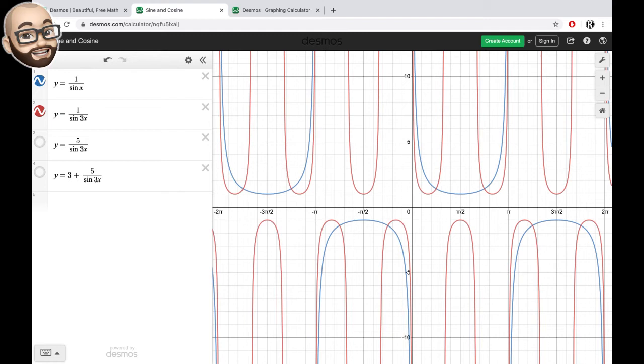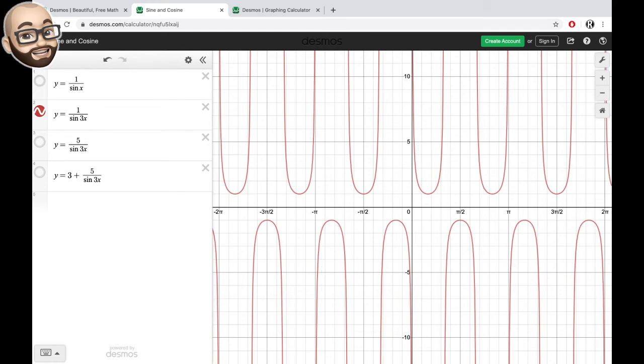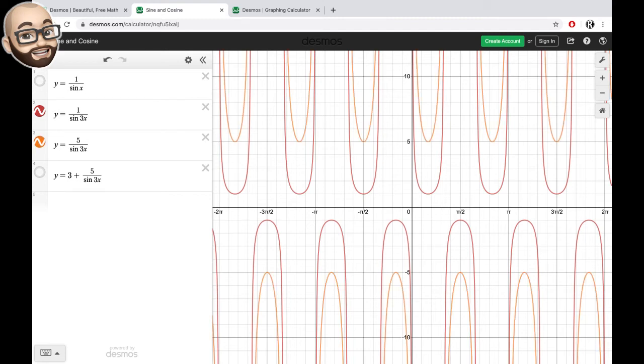Okay, let's get rid of the blue one then. So this is the graph we've now got. This is cosec of 3x. Again, we don't want that. We want a 5 cosec 3x. So what this means is we now need to stretch this red graph by a scale factor of 5 in the y direction. So if we do that, we get something that looks like this orange stuff.